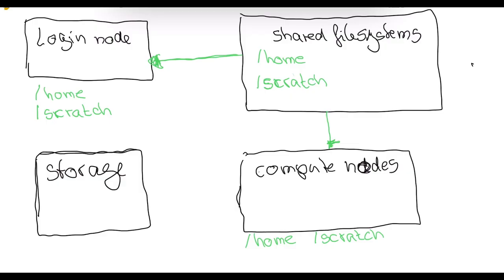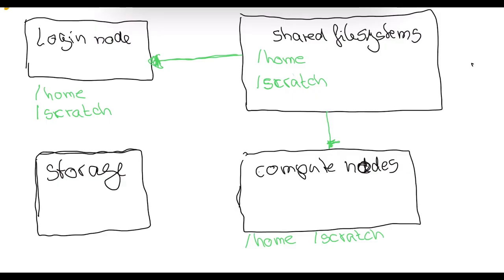Home, in most cases, is relatively small. It is often only a few gigabytes. Some of the national facilities only have 5 or 10 gigabytes in home available to users. And so users are encouraged to keep small input files, scripts, compiled software, and installed software environments in a home directory because they're in most cases not very large.